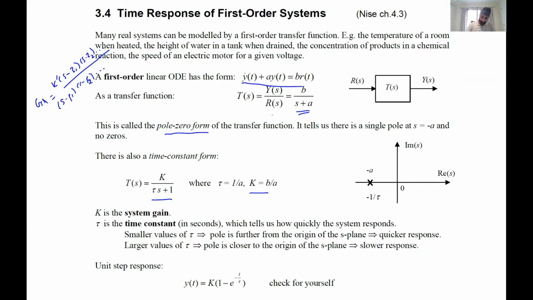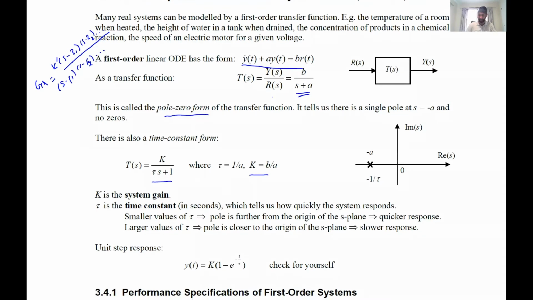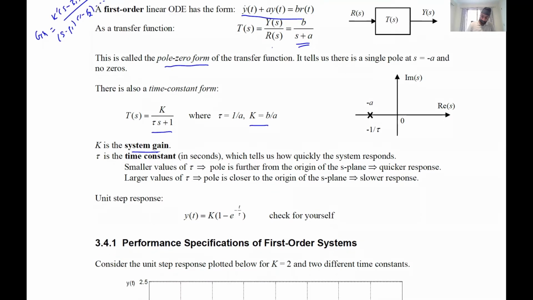This is referred to as a time constant form because it describes important characteristics of the system. Specifically, it describes how fast the system is going to respond, and where the first order system is going to settle down. Here K is referred to as the system gain, and the time constant is tau.